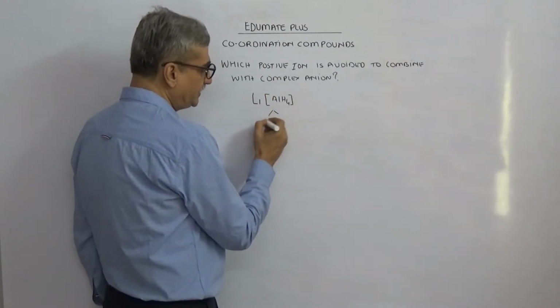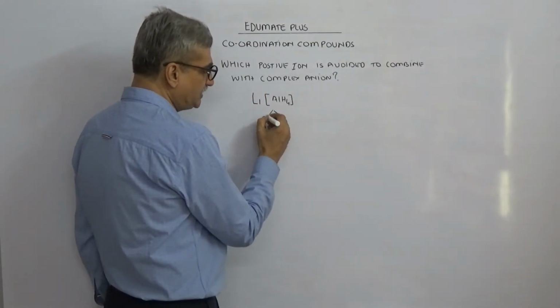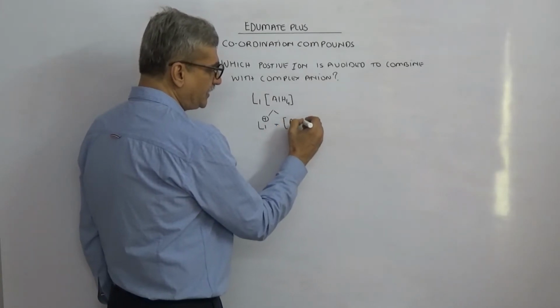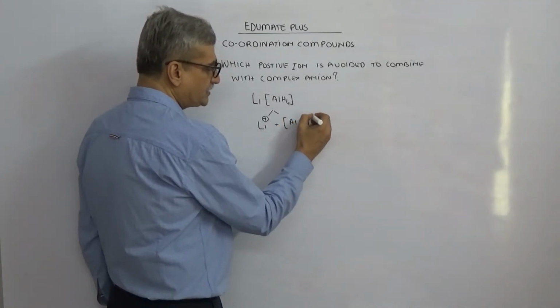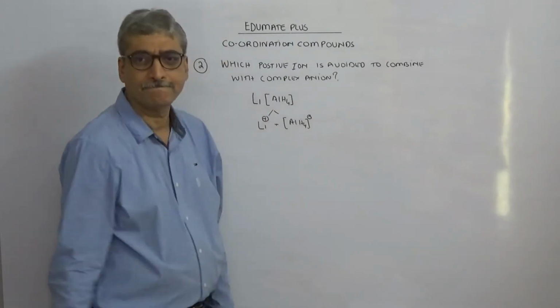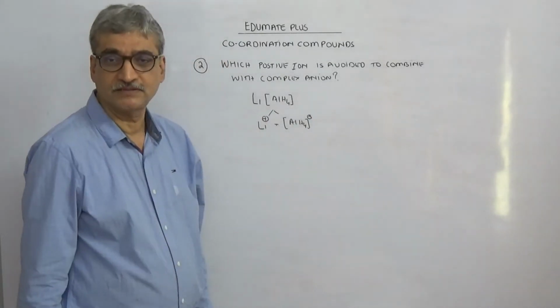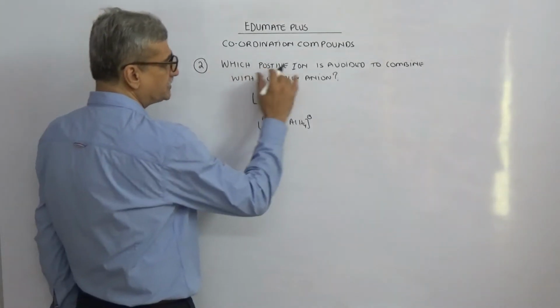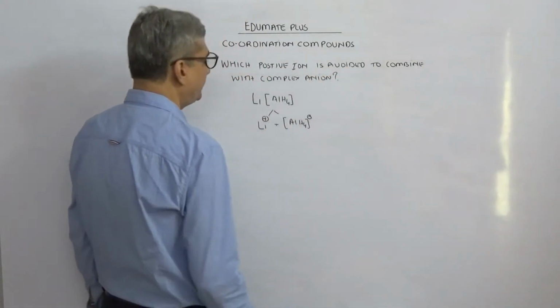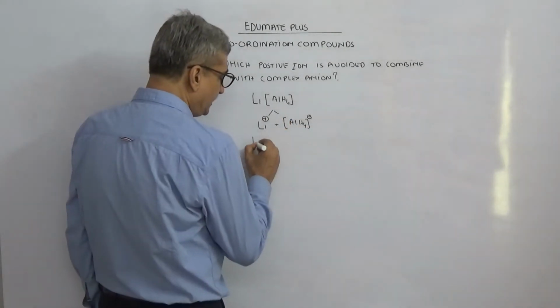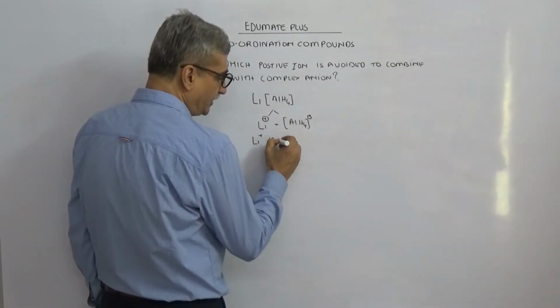So if I split it, the simple cation was lithium and the complex anion was aluminium hydride, AlH4 minus. One very rare example of lithium complex. So the answer to my question, which positive ion is avoided to combine with complex ion? Even though one exists, lithium aluminium hydride, lithium plus is avoided.